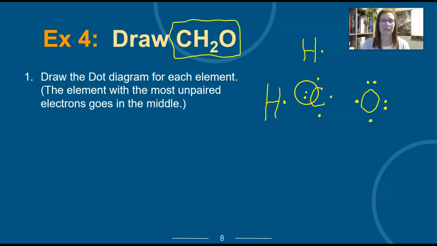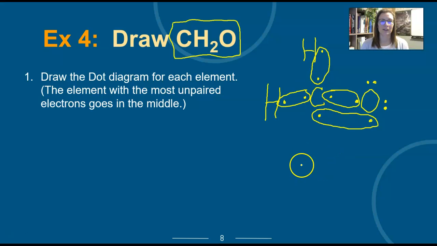So now I'm going to make all of the electrons paired up so that there's no single electrons anymore. And so these ones will share once, and carbon can share with oxygen 2 times, and that way we get rid of all the single electrons. Now they're all sharing.